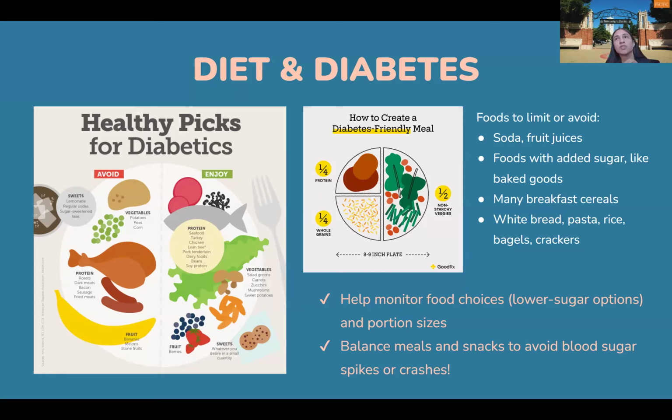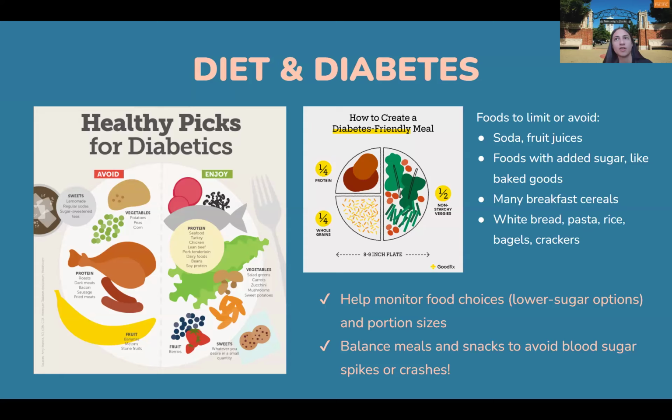Some foods and drinks we listed here to avoid would be soda. This has a lot of sugars, so it could lead to a lot of sugar spikes. Same with fruit juices. Even though it may say natural sugars, sugar is still sugar, so fruit drinks are another big thing to avoid for people with diabetes.